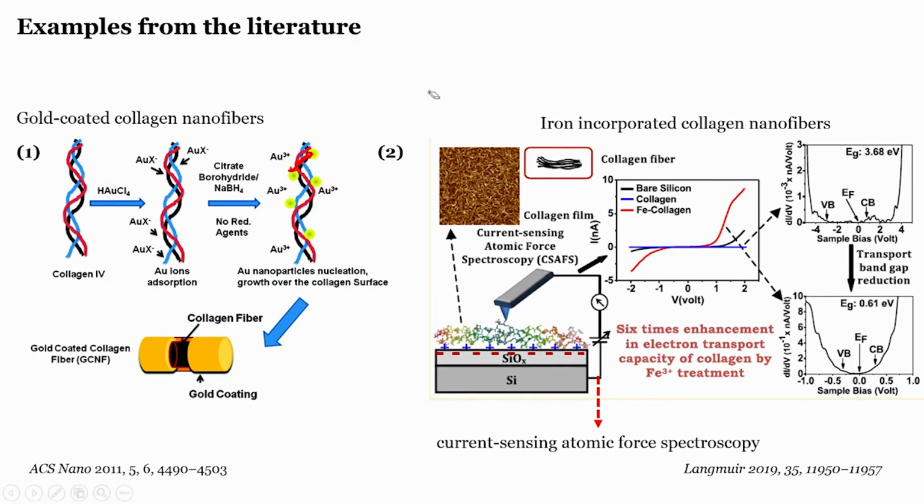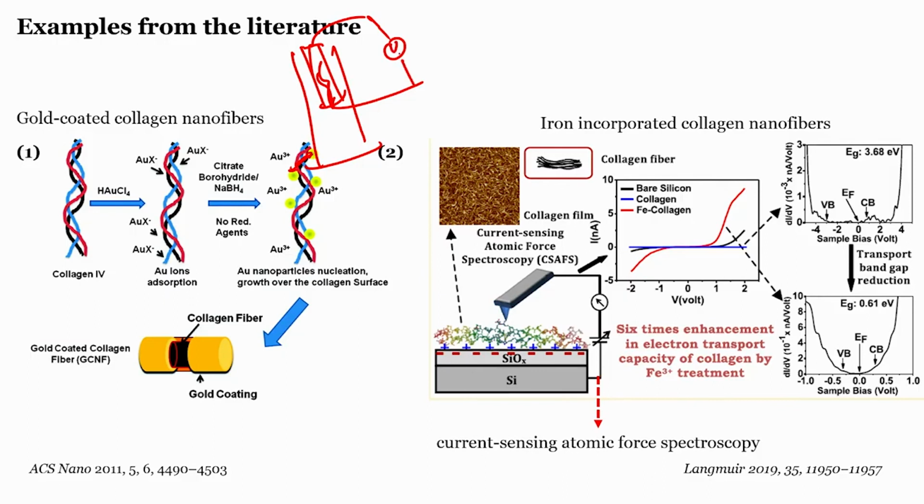Let us say you want to make an implant which requires collagen fibers to be compatible with the place where it has to be implanted, and there has to be some kind of signal that you want to see. Let us say you have a system where you want to implant a collagen based sensor, and then you want to measure if this particular system has observed some change or not.